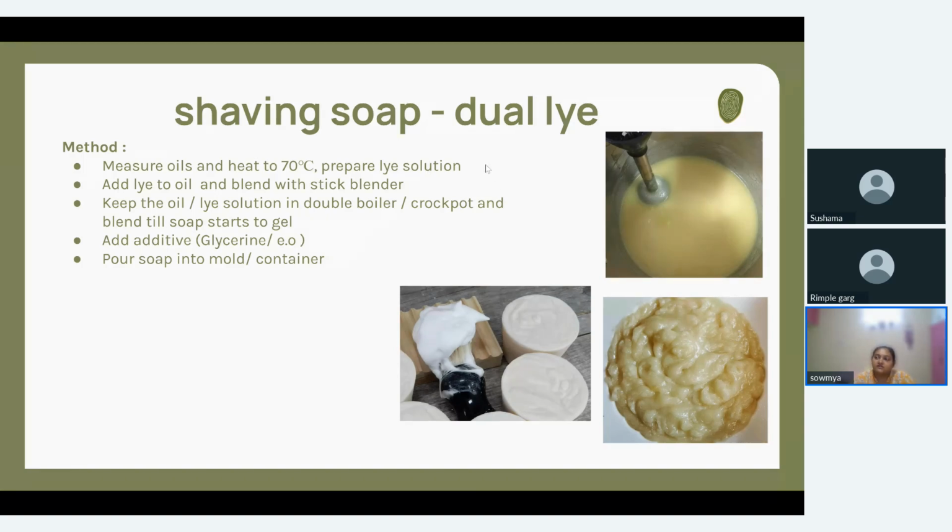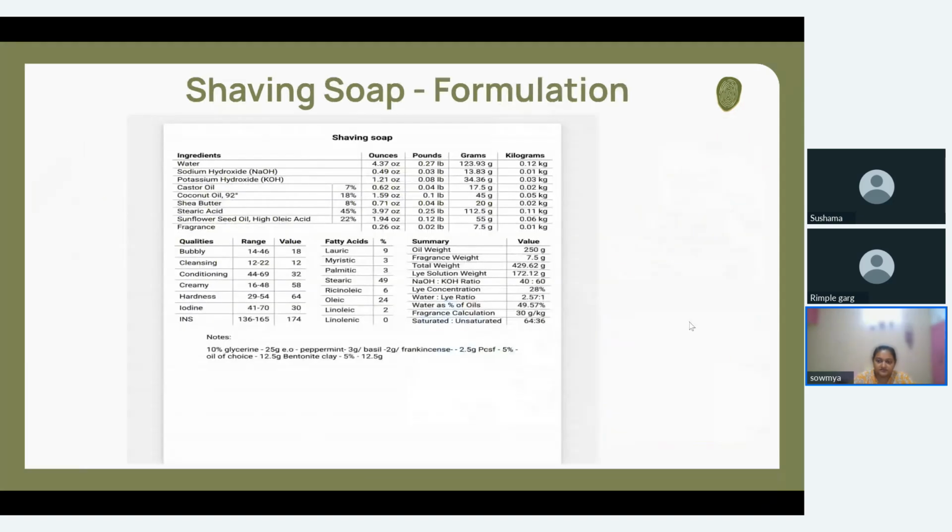The lye solution and the oils can be at somewhere near the same ratio, 65 to 55 to 60. Then we will blend both oils and lye with a stick blender, then place them in the double boiler or a crock pot and continue to blend till the soap starts to gel like this.